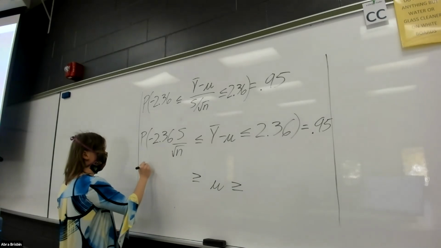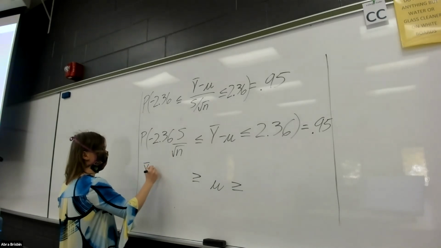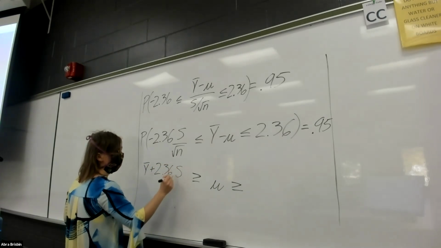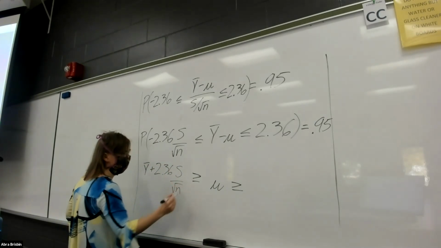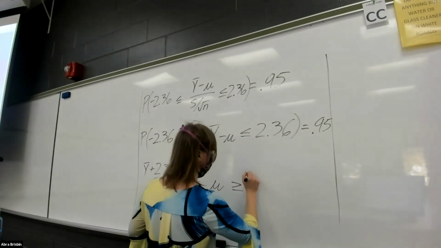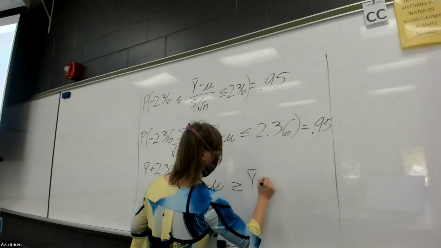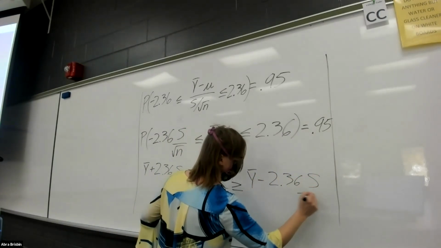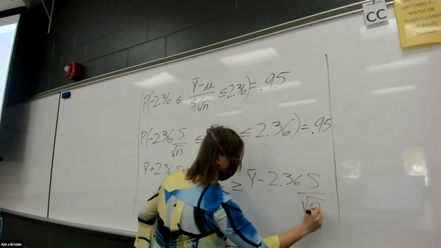So we have y bar plus 2.36 s over the square root of n, and y bar minus 2.36 times s over the square root of n.